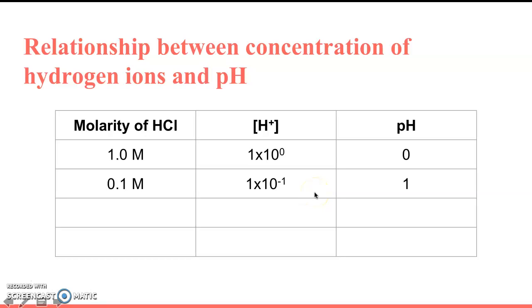If we continue to fill out this chart and we have 0.01 molar, we end up with 1 times 10 to the negative second for our concentration of hydrogen ions, which is a pH of 2. And continuing on that thread, if we have 1 times 10 to the negative third concentration of hydrogen ions, that is a pH of 3.